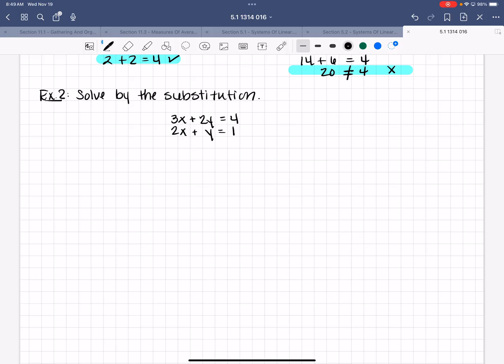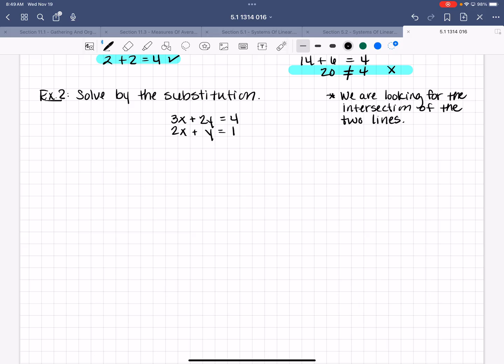And guys, when it says to solve by substitution, we're looking for the intersection of the two lines, okay? That's what we're doing.